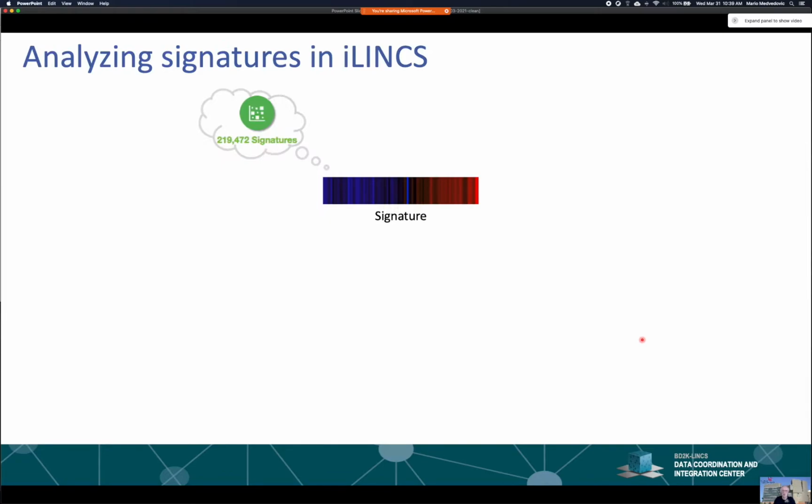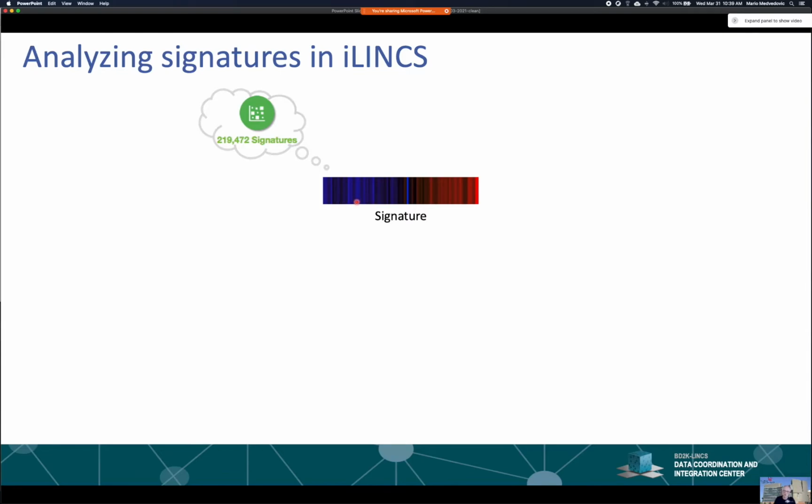So how does this work? The idea of analysis through iLincs is that you pick a signature, and this signature can be one of these 220,000 pre-computed signatures, where a signature consists of differential expression levels after perturbation compared to the control.